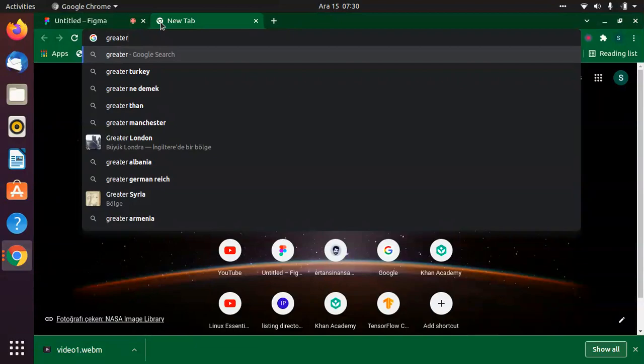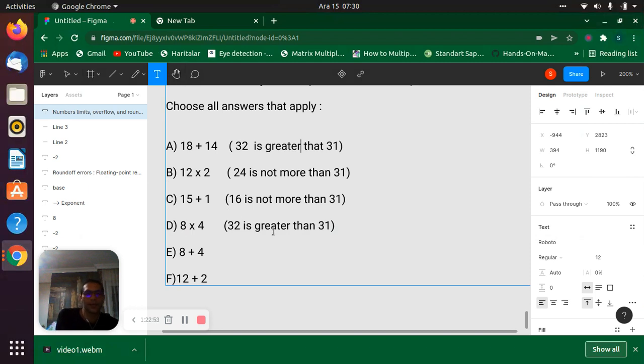Right, it's greater than 31. Have you seen the point? 12 is not greater than 31.